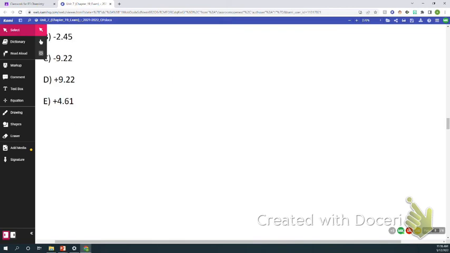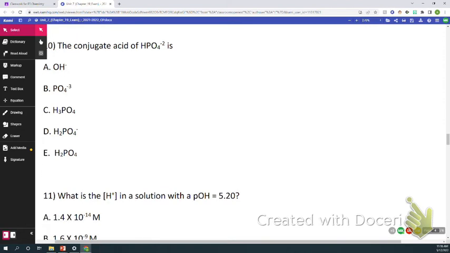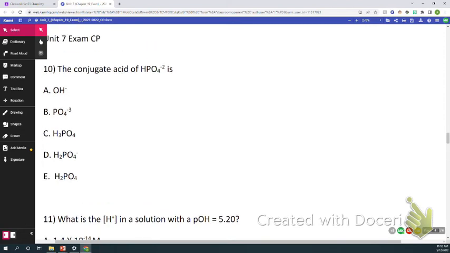Okay, so let's see what else is there. The conjugate acid. Should we go over this? Do you remember this? The conjugate acid of this means that this is going to act like a base.